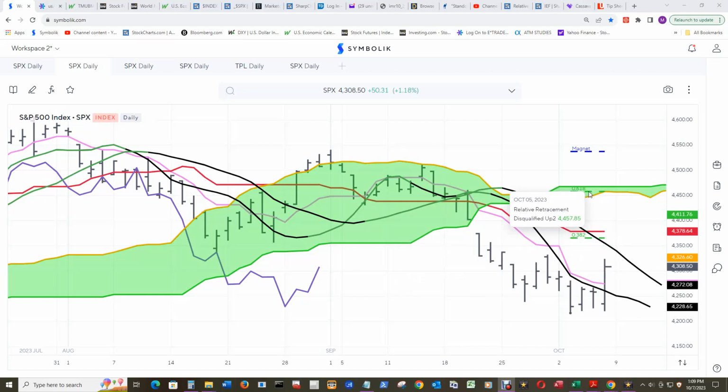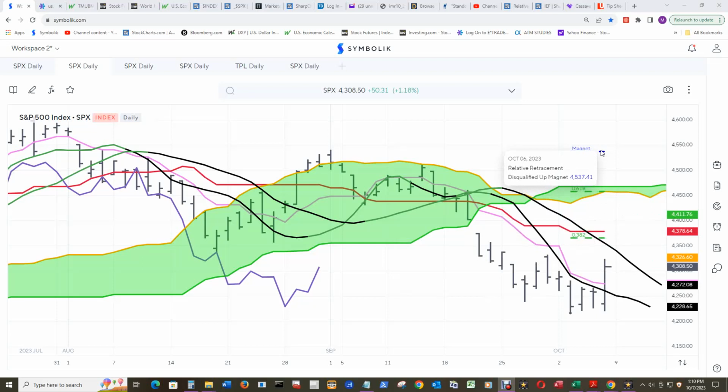Here the relative retracement is qualified up to 4457.58. So that will be the next area here. Keep blasting up, get above the cloud, get this qualified and confirmed.